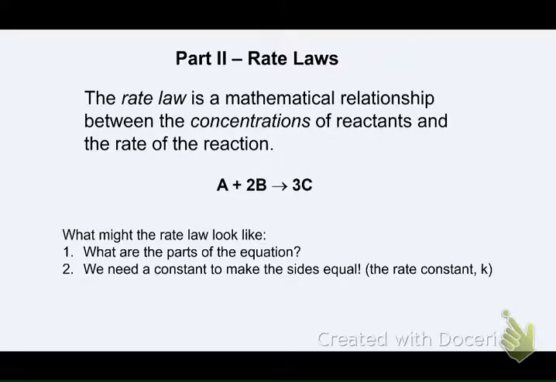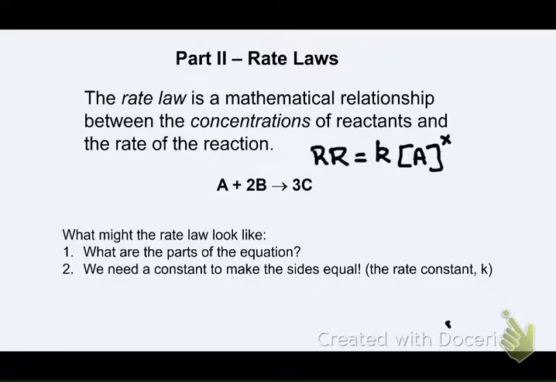Generically it looks like the reaction rate is equal to K times the concentration of the reactant, raised to some power. I'll just make it X. It doesn't really matter what symbol you use.